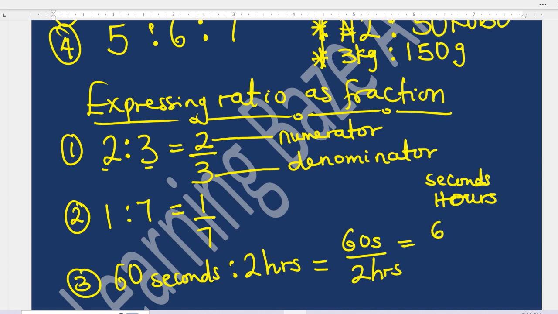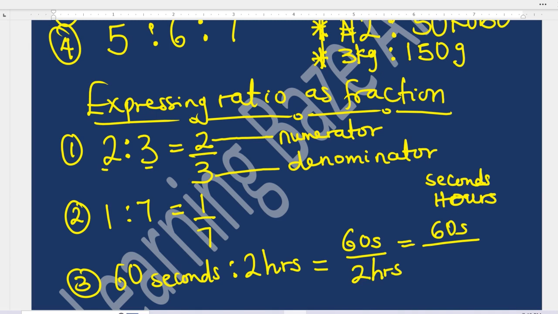So we have to change hours to seconds because hours is bigger than seconds. So 60 seconds over, instead of writing 2 hours, change 2 hours to seconds. 60 seconds make 1 minute. 60 minutes make 1 hour. Then 3,600 seconds make 1 hour.